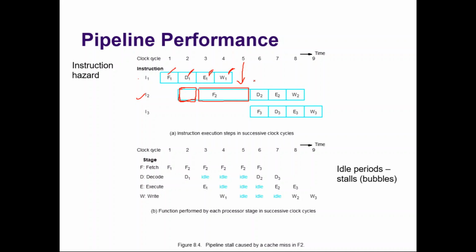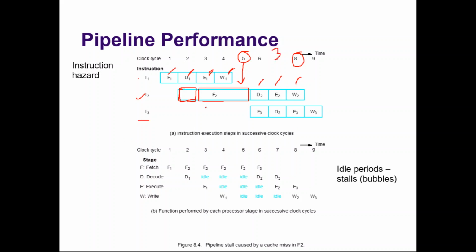It is decoded at the 6th clock cycle, executed at the 7th clock cycle, and the result is written at the 8th clock cycle. Instruction 2 is actually supposed to complete by the 5th clock cycle, but it is completing at the 8th clock cycle. So there is a stall for 3 clock cycles, and this stall will continue.